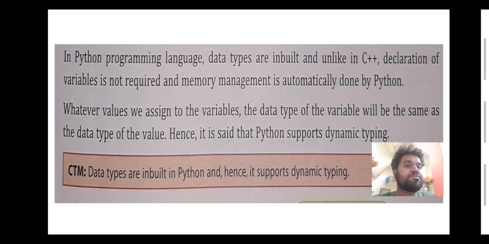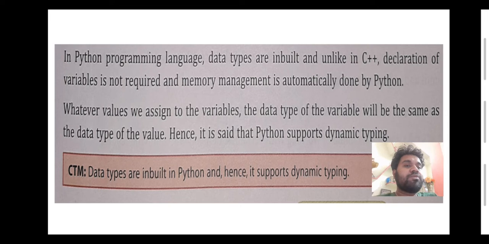We call a decimal a float. If you write x is equals to your name, then it will take it as a string value. So it automatically takes the data types. That's why it is said that data types are inbuilt in Python. Hence it supports dynamic typing, meaning whatever you type, it will take it as it is.